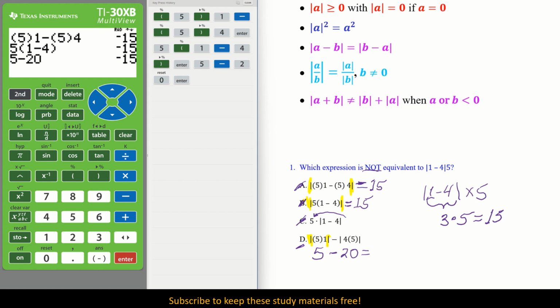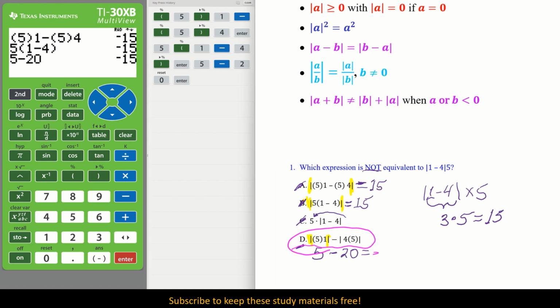The difference is we do not have another absolute value over the entire expression. This 5 minus 20, those have already been taken out of the absolute value. Therefore, D is the correct option because it does actually equal negative 15. Now, if we had another set of absolute values around all of option D, then that would not be the case. But in this case, D is not equivalent to the given.